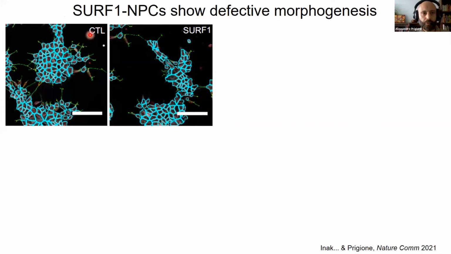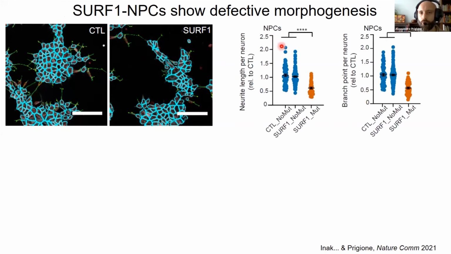So then we went back to 2D to understand if we can pinpoint a specific defect. And we saw that the neuroprogenitor cells from control start to make branches because they start to differentiate, but in the Surfl NPCs not. So we could quantify this defect in neurite length and branching points. And then we use this as a way to find a phenotype, like I mentioned before, to find therapies.